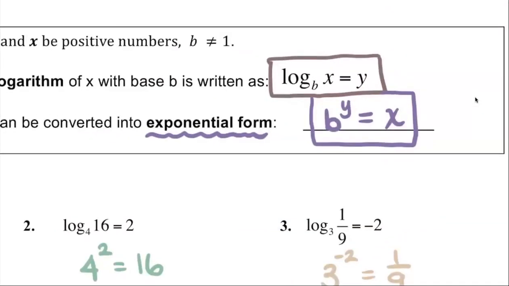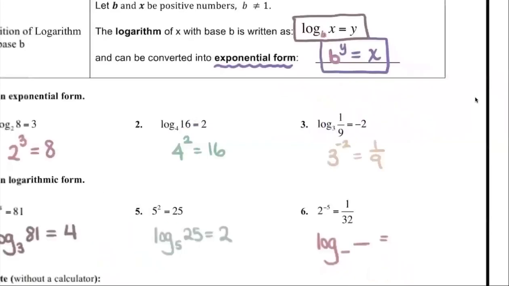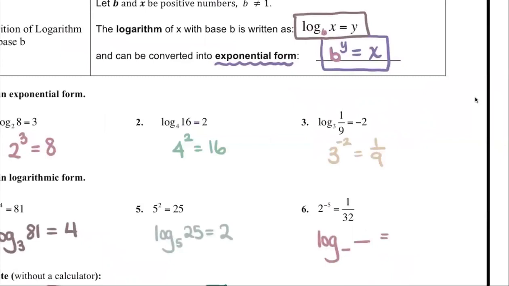Look at this b right here, it's going to be this b up here. So what is your base? Wouldn't that be... shoot, hold on. I don't know why I'm stuck. It would be 1/32. Okay, so I'm going to write it right next to it.